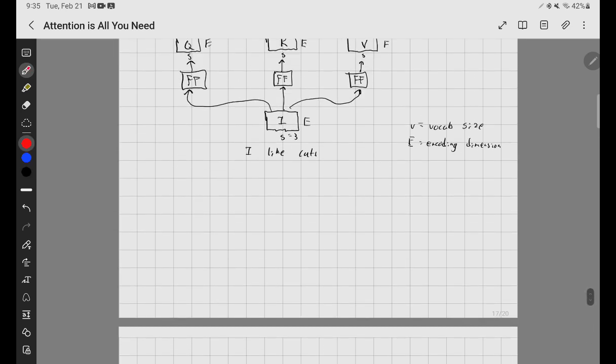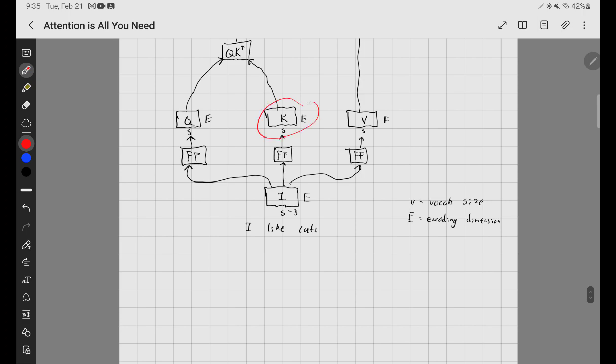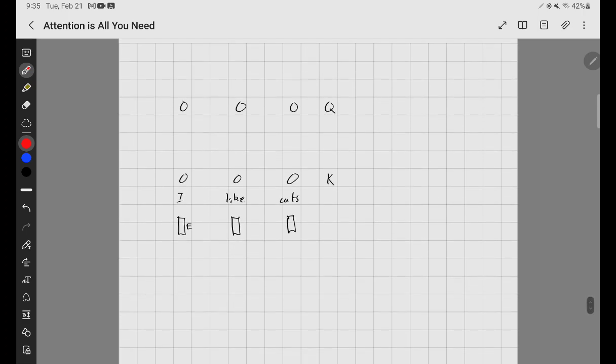In the queries matrix and the keys matrix, each word's encoder representation outputs a vector. So in a way, you can think about this inner product as the keys showing off the information of each word: this is what information I have, and the queries being like, what information am I looking for?